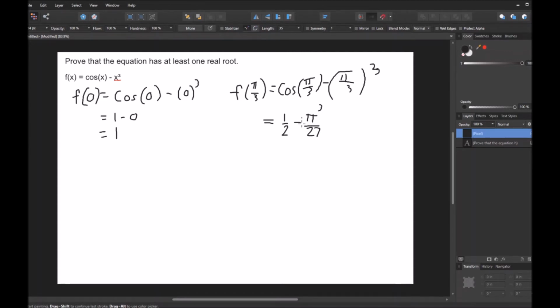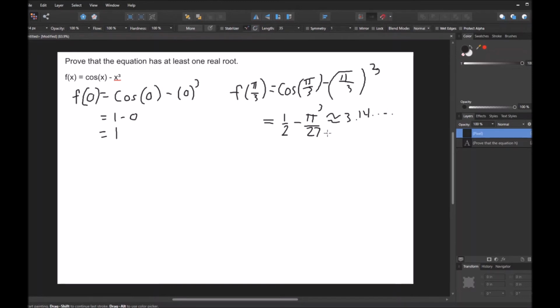Now, if I just think about this, I know that pi is 3.14159 followed by an infinite string of numbers. So pi cubed is going to be greater than 27, because 3 cubed is 27, and we already know that pi is approximately equal to 3.14159, all the other numbers.